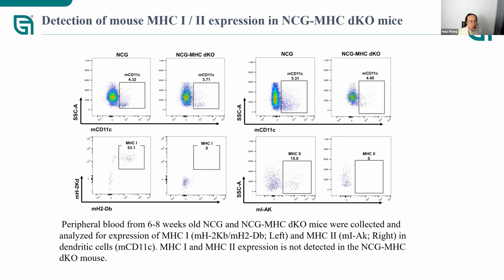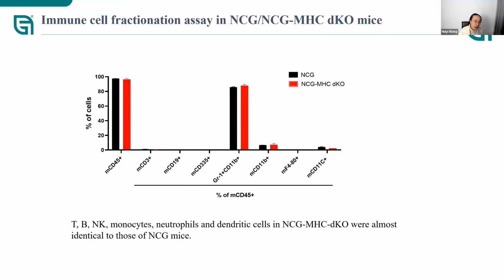As we can see, compared to NCG, the MHC-DQ mouse doesn't express the MHC1 and MHC2 proteins, and the TBNK cells, monocytes, neutrophils, and dendritic cells in NCG MHC-DQ were almost identical to those of NCG mice.